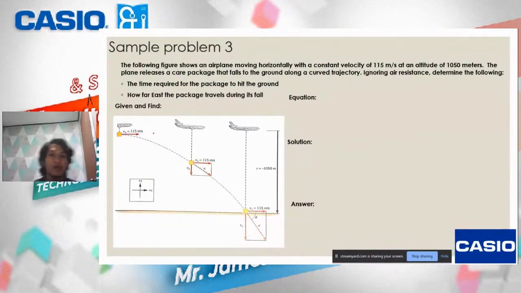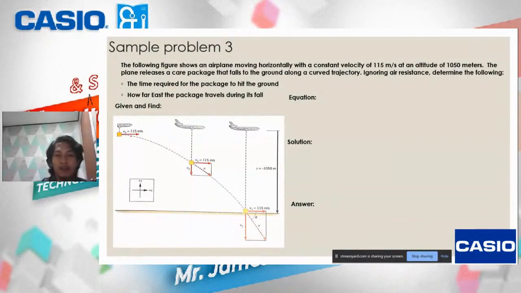So, following our first law of motion. So, V naught here is 115 meters per second at this point along X. However, due to the influence of gravity, the velocity component of Y is increasing. Kasi nga, pinupul niya pababa.